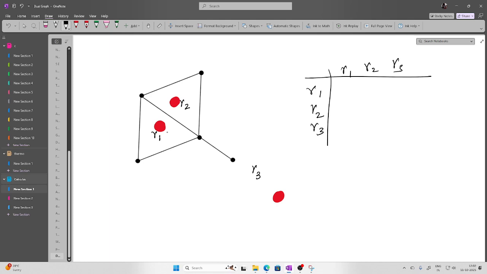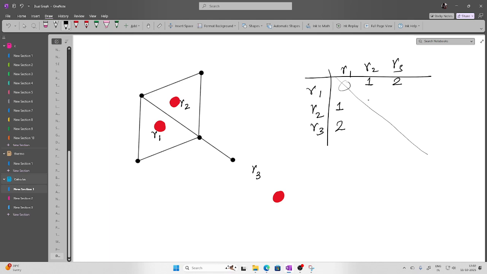Now, forget about the diagonal, only focus on the off-diagonal elements. R1, R2, this is the common edge, so one will come here, one will also come here. Now R1, R3: two edges are common, so 2 will come here, and R3, R1 will also be 2. What about R2, R2?